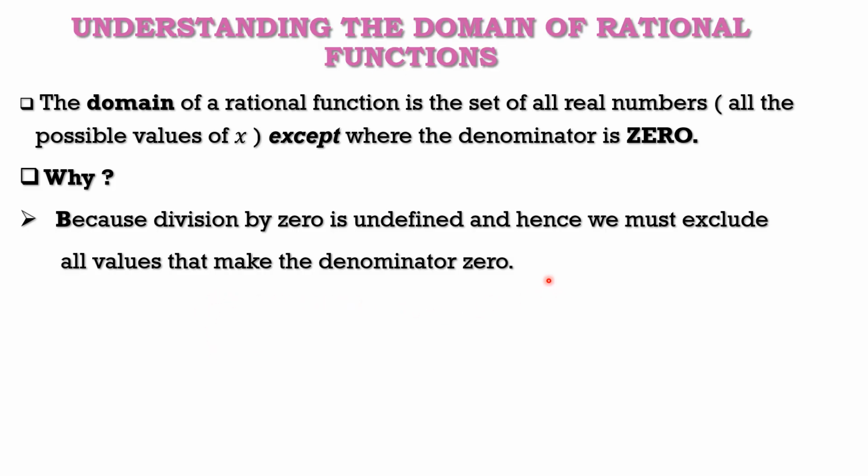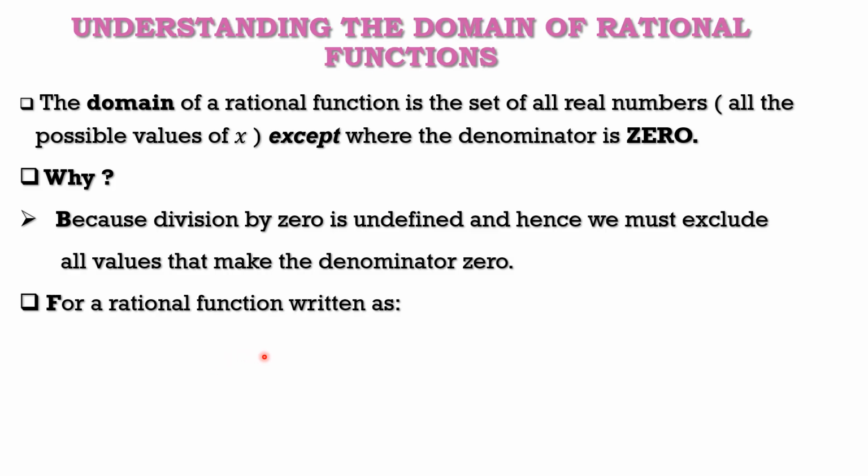So if you have a fraction and the denominator of the fraction is 0, the whole fraction becomes undefined. To put it in a layman's understanding, it becomes math error. So we don't want to get math error. That is why we are studying this particular section of the rational function.